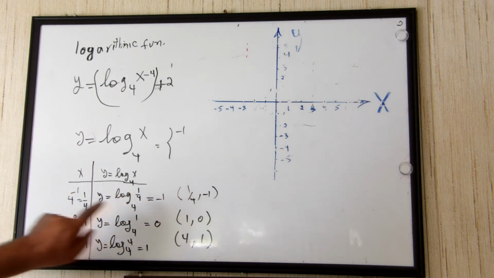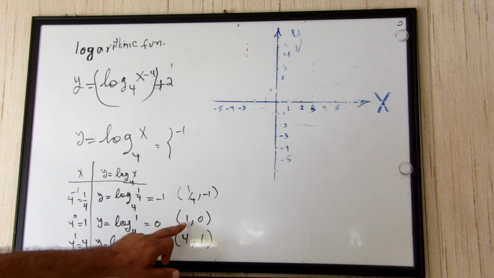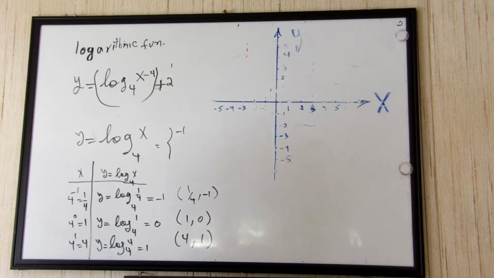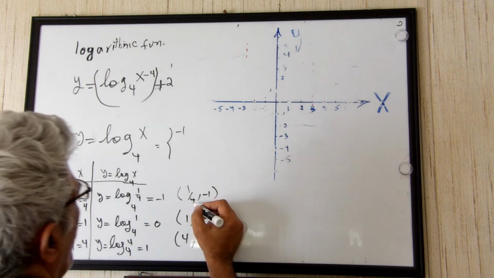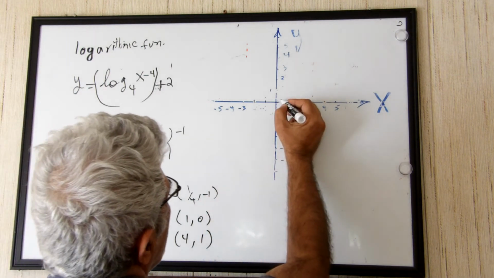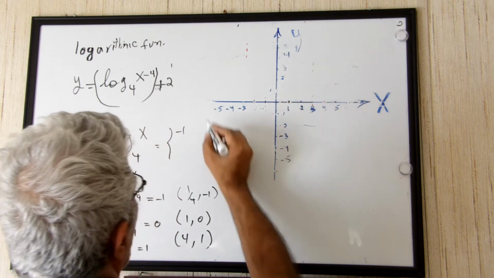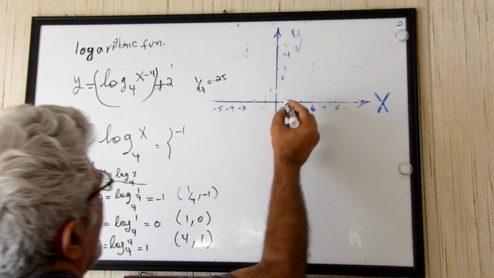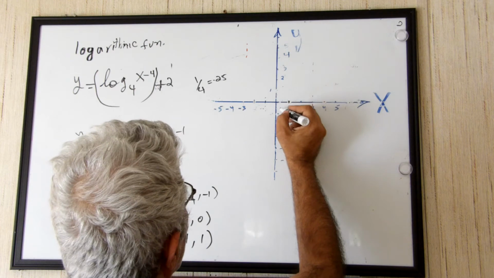X value is 1 over 4, and x here is 1, and here is 4, and y minus 1. Let's graph this. X is equal to 1 over 4, which is 0.25, a quarter. If it's 1/4, y is going to be minus 1.